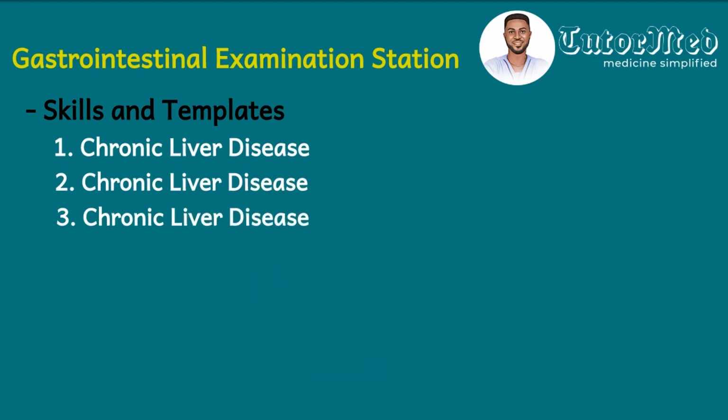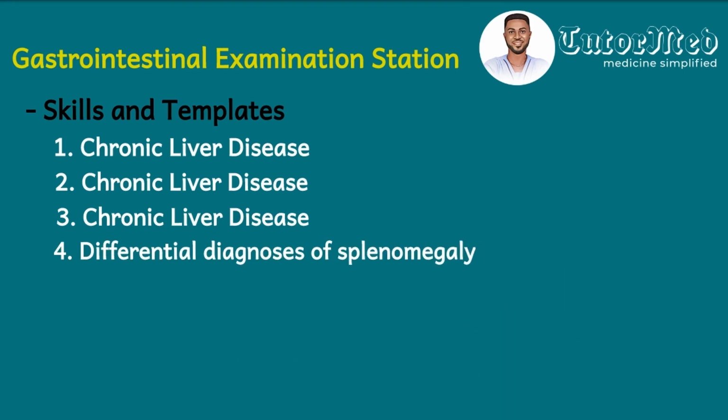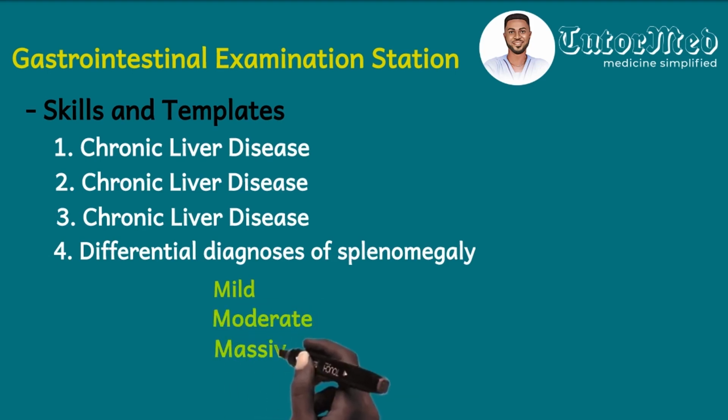And then sometimes a candidate may just pick splenomegaly, and so he may be asked for differentials of splenomegaly. Based on the size of the spleen, how low it is from the left subcostal margin, you can have mild, moderate, and massive splenomegaly. Some schools of thought think that moderate is from 4 centimeters to 8 centimeters below the costal margin.